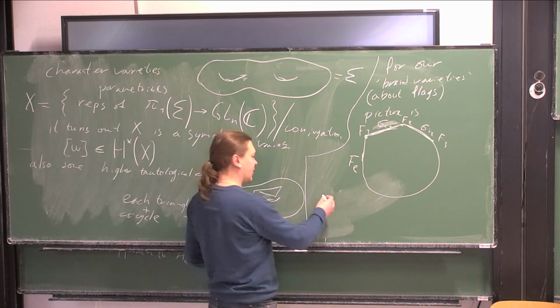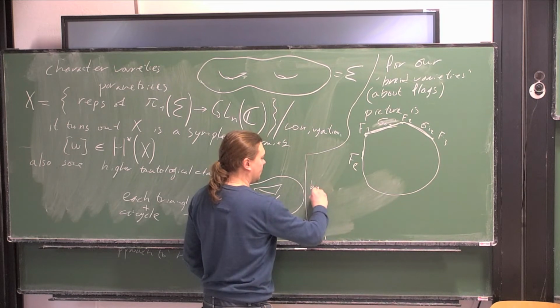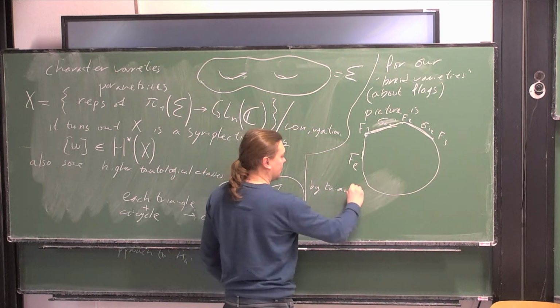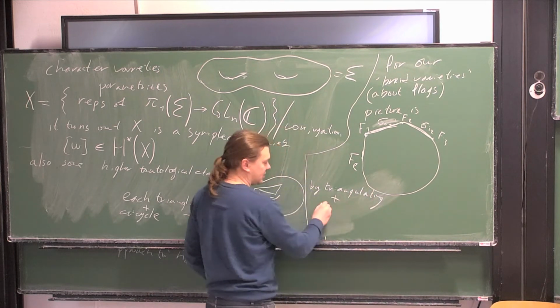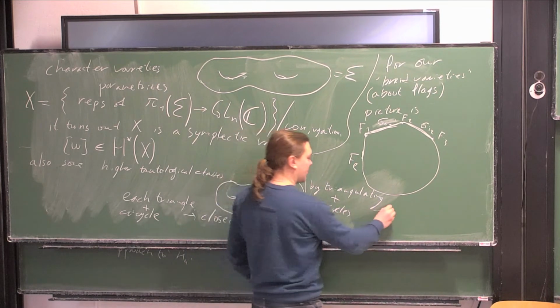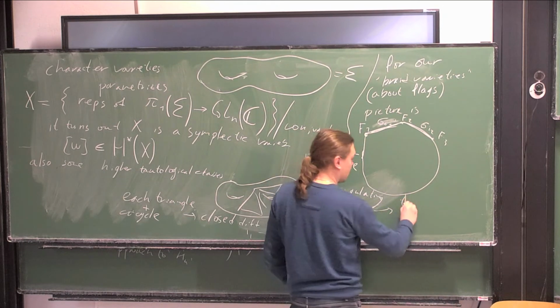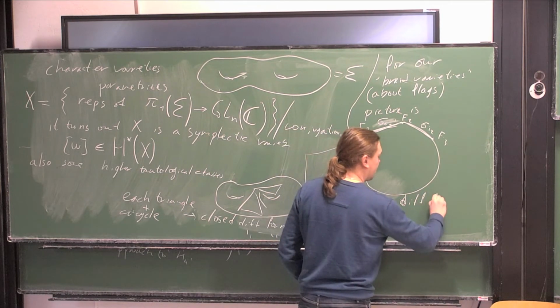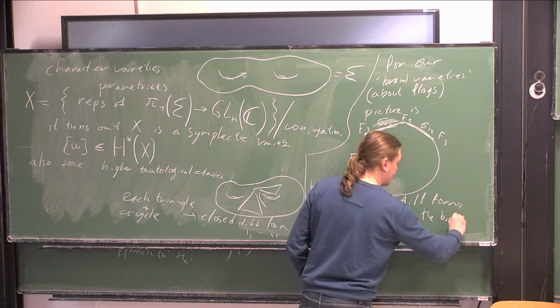And then it turns out that by triangulating the disk and using these cocycles, we can construct some tautological classes, some differential forms actually, on the braid variety.